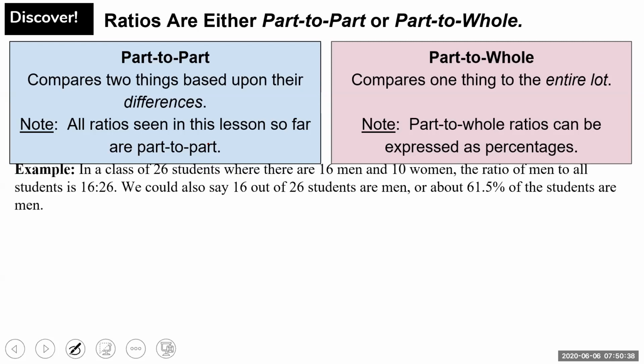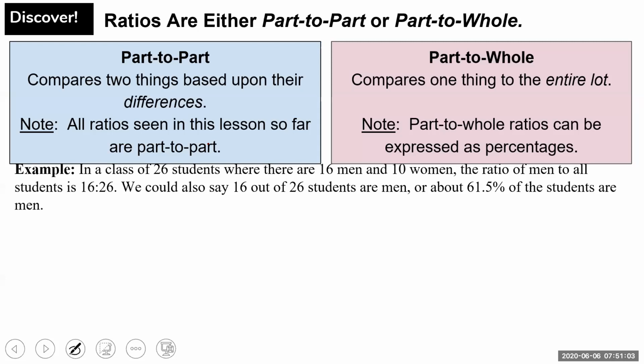So we're going to use a class. Assuming in this class we have 26 students, where there are 16 men and 10 women. Now the ratio of men to all the students is 16:26. We could also say 16 out of 26 students are men, or about 61.5% of students are men.